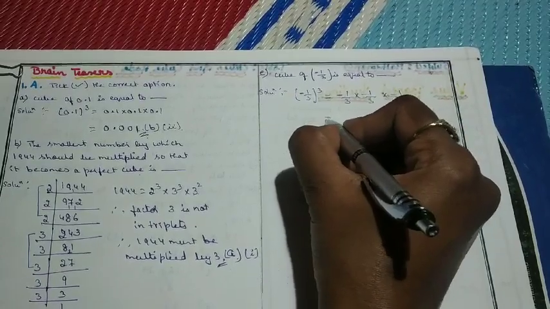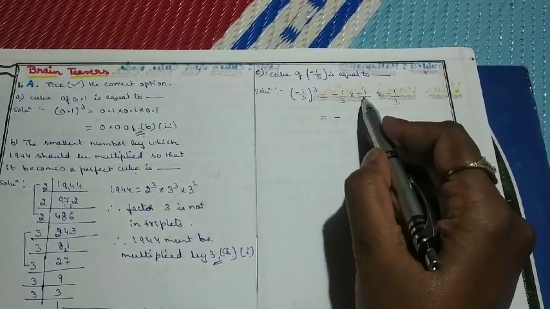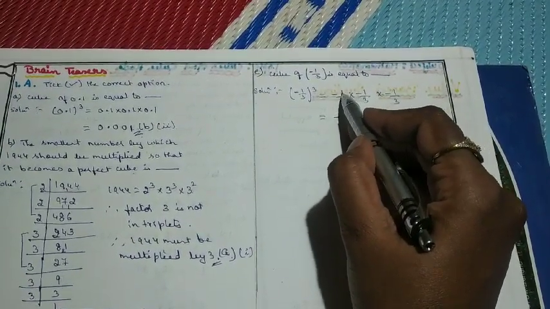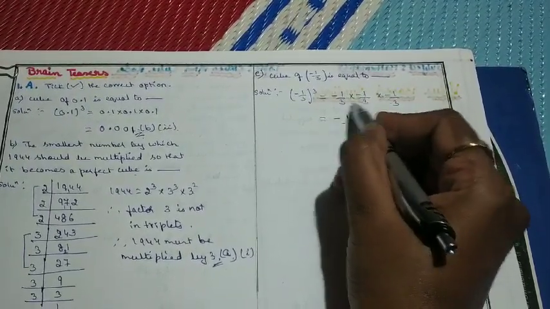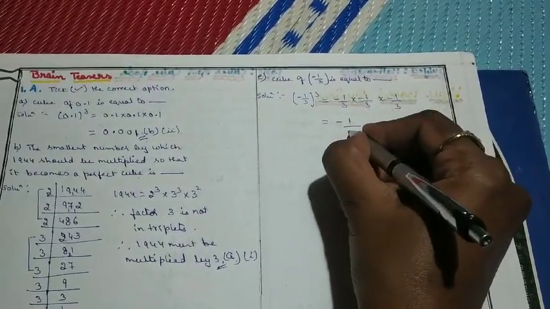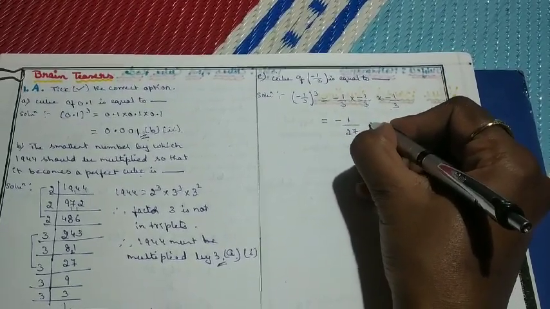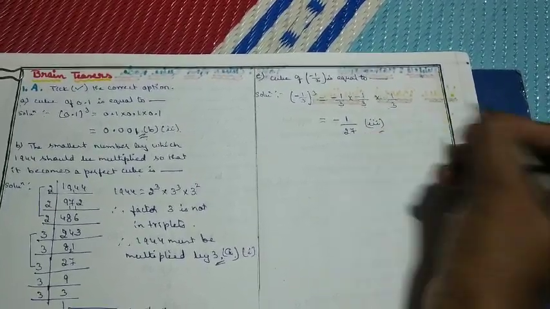We know that the cube of a negative is negative itself, or you can go like this: minus into minus is plus, plus into minus is minus. Then multiply all the numerators: 1 into 1 is 1, 1 into 1 is 1. Divide: 3 3s are 9, 9 3s are 27. So this is the answer, children, and this is the third option in the textbook.